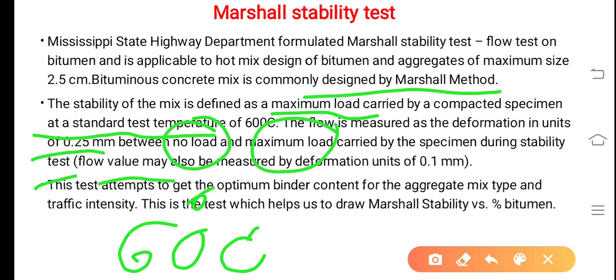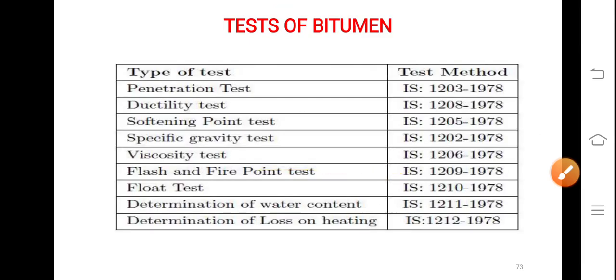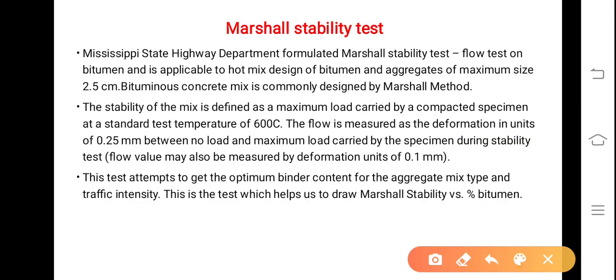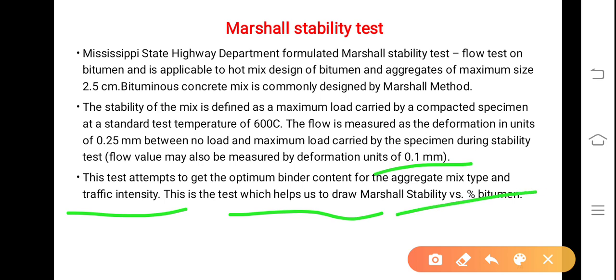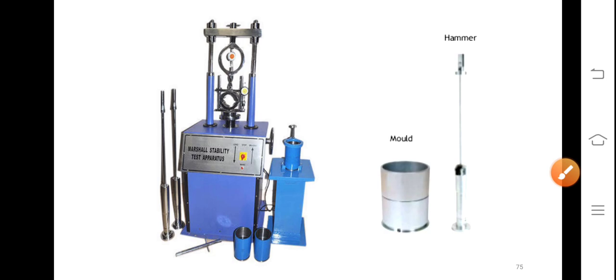Flow value may also be measured by a deformation unit of 0.1 millimeter. The test attempts to get the optimum binder content for the aggregate mix type and traffic intensity. This is the test which helps us to draw Marshall stability versus bitumen content, which we will be looking at after some time.